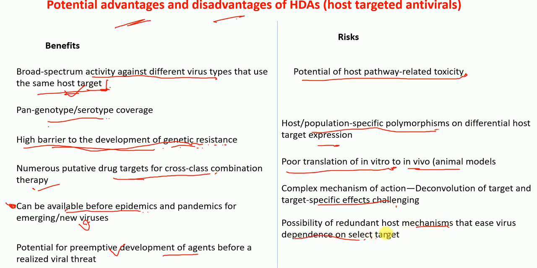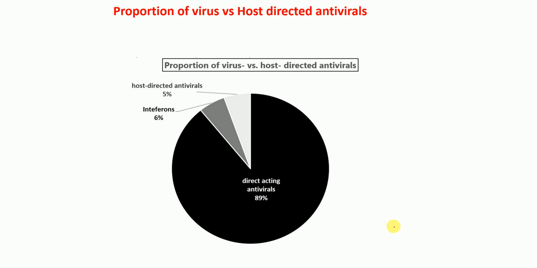Another important thing is the possibility of redundant host mechanisms that ease virus dependence on the selected target. Finally, host-directed antiviral agents may require directly acting antivirals as a combination therapy to achieve maximum benefits.